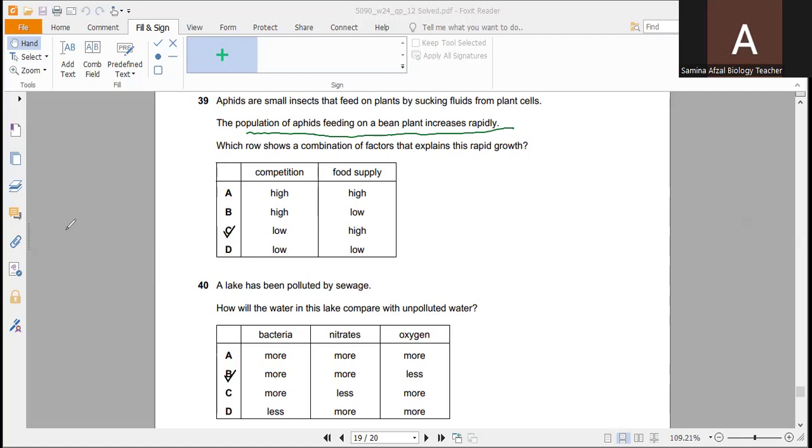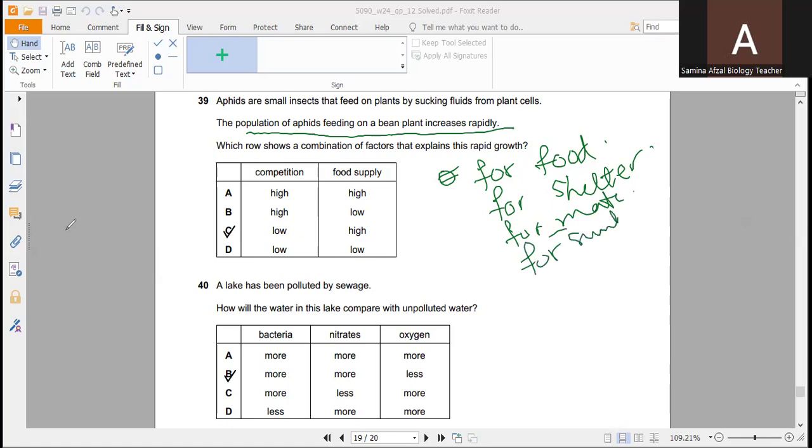Students, if competition increases, then what happens? First of all, competition takes place for food, for shelter, for habitat, for mate, for sunlight if it is among the plants, etc. But here we are talking about plants.